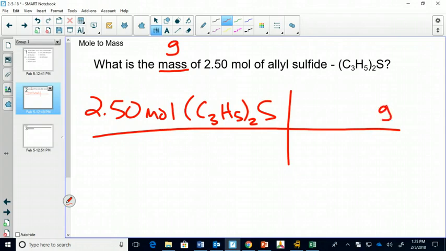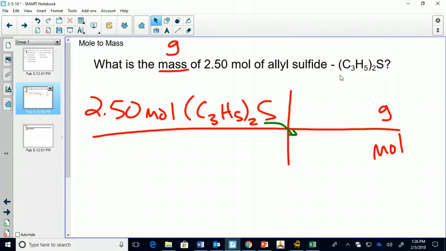So therefore, grams go on top and moles go on bottom. Because remember, whatever is here always goes down there, right? And we know that if I add up carbon and hydrogen and sulfur, I'll have the mass in grams of 1 mole of this compound. Does that make sense?